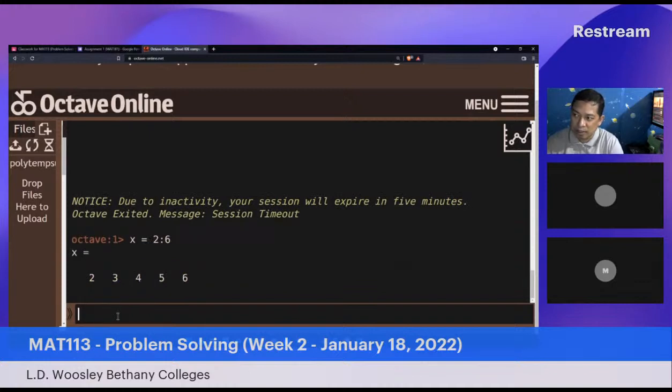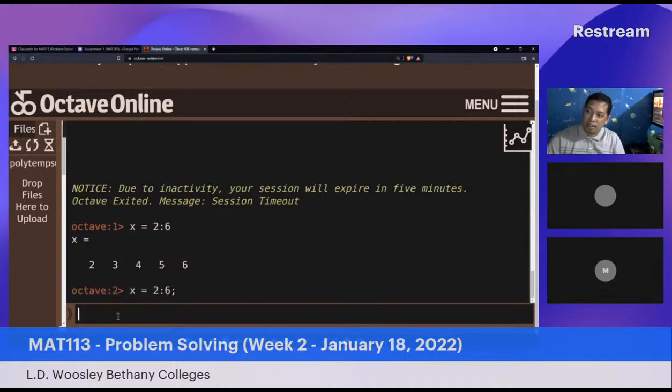But if I put a semicolon, Octave or MATLAB will just store the value and not display the result of the command. Now also I have values of y, but if my values of y are not in an interval, I could always assign a vector to represent them. For this case in our book, we have the values 65, 67, 42, 71, and 63.